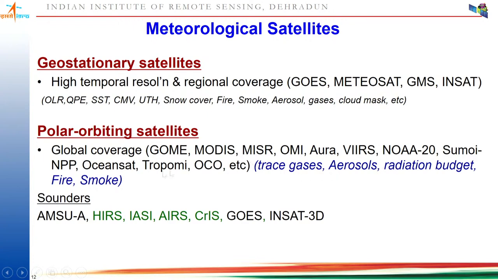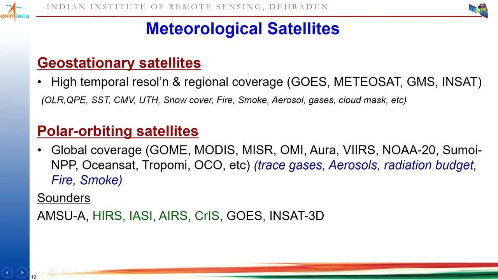And then there is another kind which I said, sounders, which give the vertical profiling of the atmospheric layers. So this is HIRS, the high resolution infrared sounder. The above are the multispectral channels, where around 4 or 5 or 6 channels only we can have, and we have to sense in these channels.